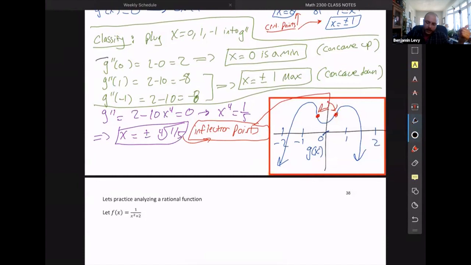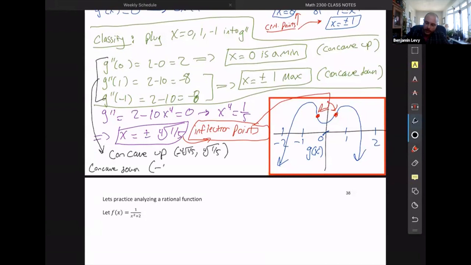Based on plugging things in around the inflection points, we know that it's concave up in the middle, from minus the 4th root of 1/5 to plus the 4th root of 1/5. I know those are weird points, but that's that middle part. And then it's concave down on the other parts.